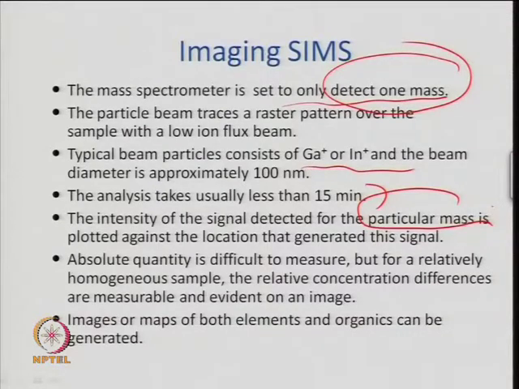So, that is correlated with that, and absolute quantity is difficult to measure, right, but for a relatively homogeneous sample the relative concentration differences are measurable and evident on an image. So, one can differentiate between two surfaces very easily, right. With one surface you cannot get an idea about the composition just from the image, right.